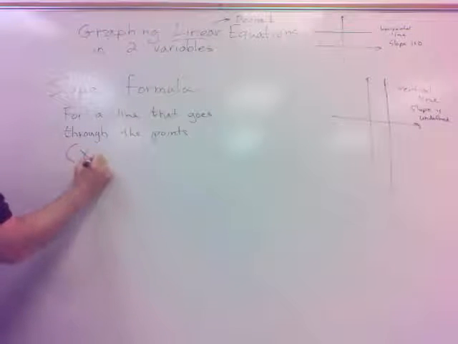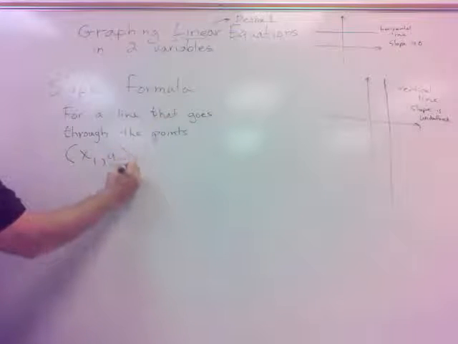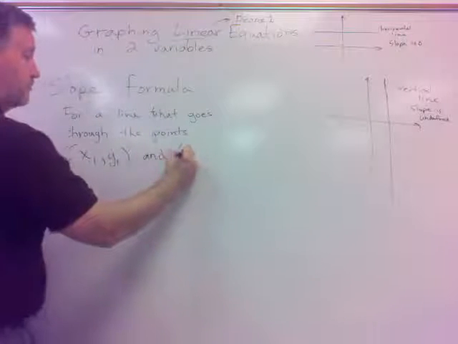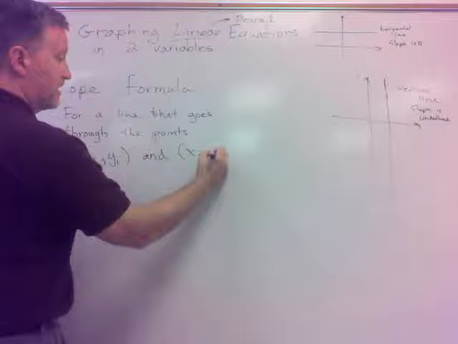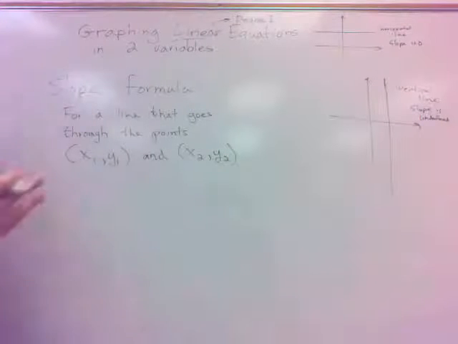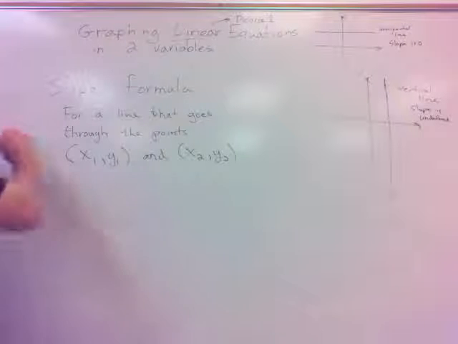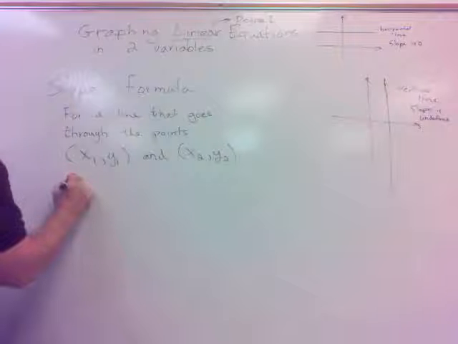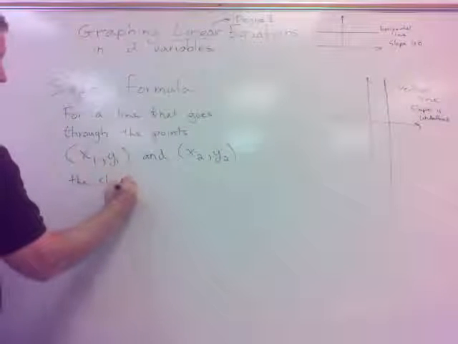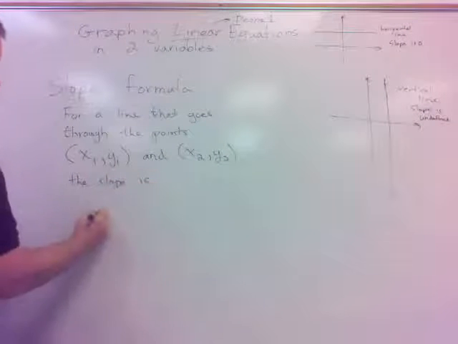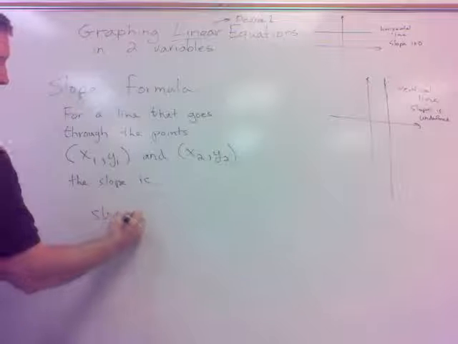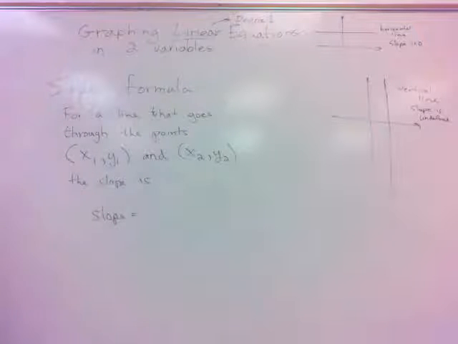We're going to call the first point x1, y1, for first x and first y, and then the second point is x2, y2, because it's a different x and a different y. So the slope formula, how does it go? For a line that goes through the points, the slope of the line is, well, first of all, let me mention again, the letter designation of slope is m.